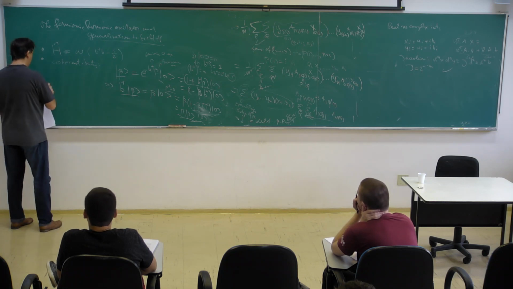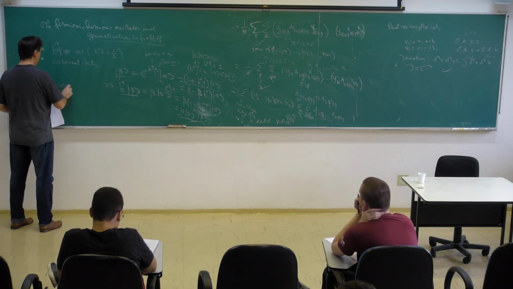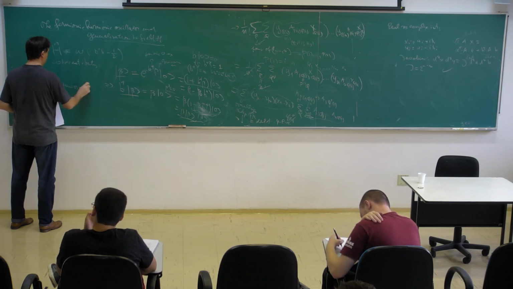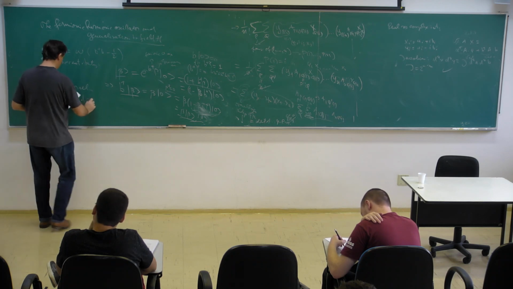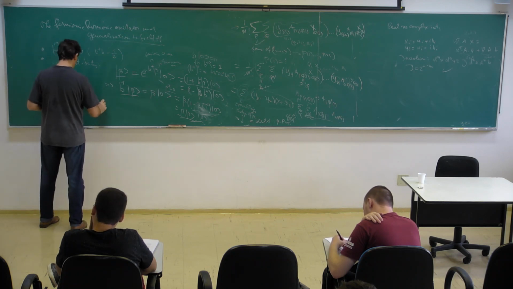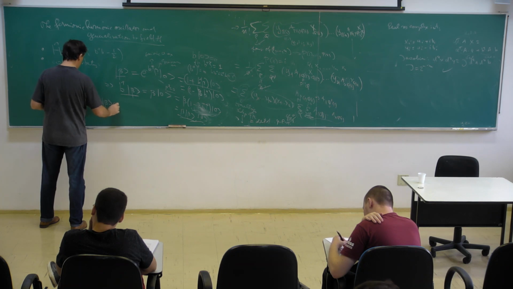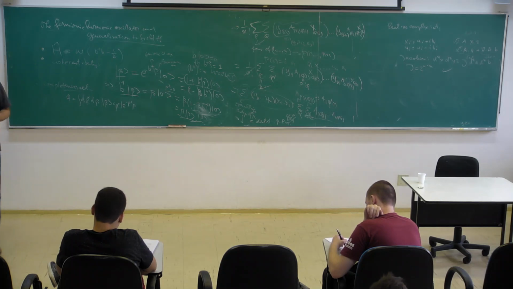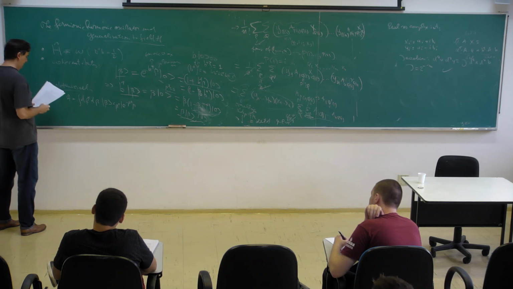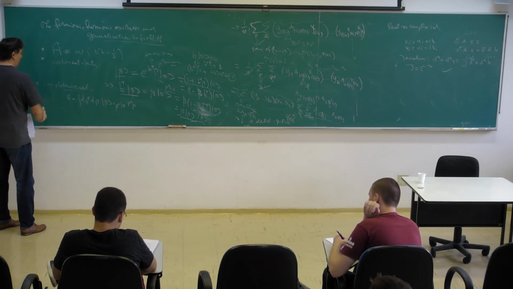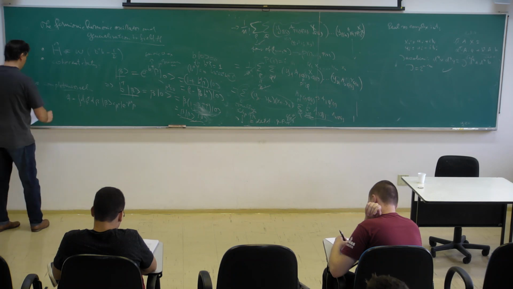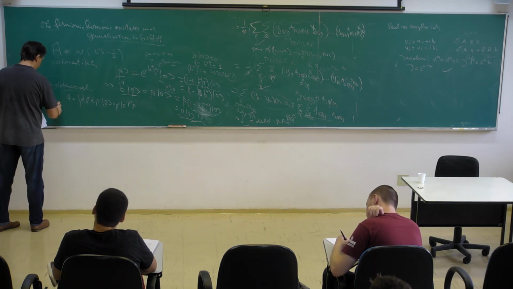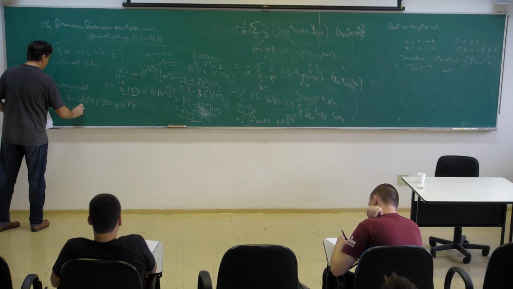And I also have the completeness relation. One is the integral d beta star d beta, beta star minus beta star beta. This is the same as we had in the bosonic case. And then I consider the Hamiltonian with currents.